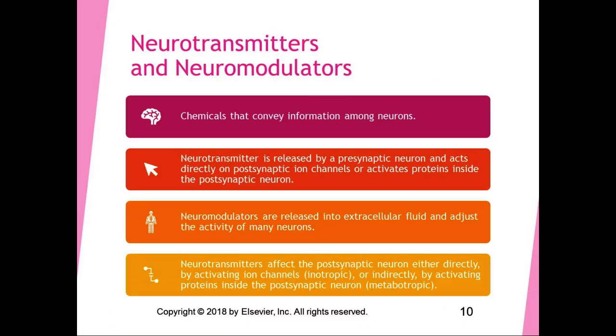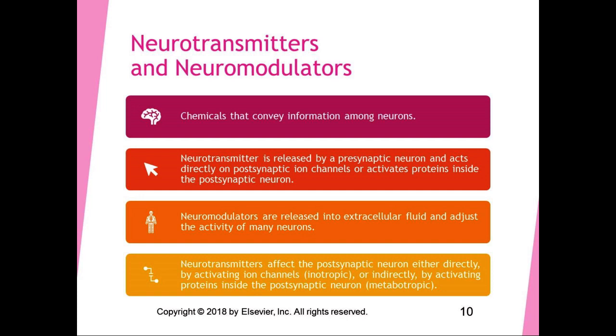Neurotransmitters and neuromodulators are all chemicals that convey information among neurons. A neurotransmitter is released by a presynaptic neuron and acts directly on a postsynaptic ion channel or activates proteins inside the postsynaptic neuron. So it's one neuron talking to another cell, whether it's another neuron or a muscle cell or a gland.